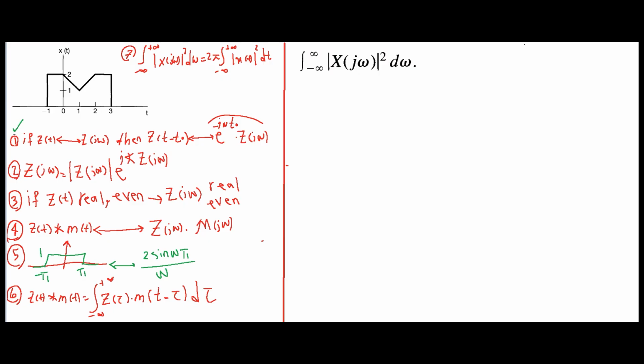Therefore, instead of calculating the integral of the Fourier transform magnitude squared, we calculate the integral of the magnitude of x(t) squared, and then by multiplying the result by 2π, we can answer the question.